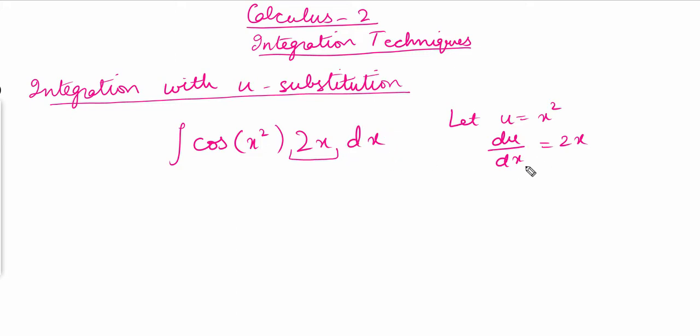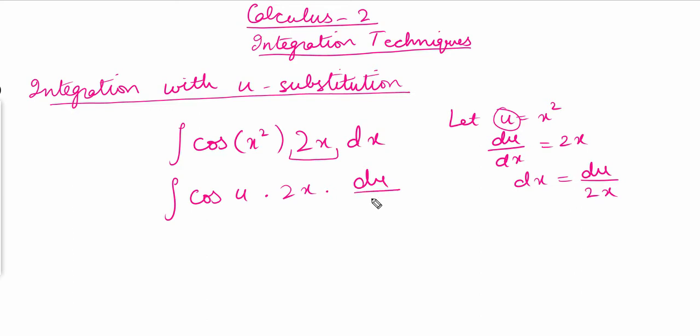So from here we'll make dx the subject: dx is equal to du over 2x. Now in place of x square we will substitute u, in place of dx we will substitute du over 2x. So it's the integral of cos of u times 2x times du over 2x.